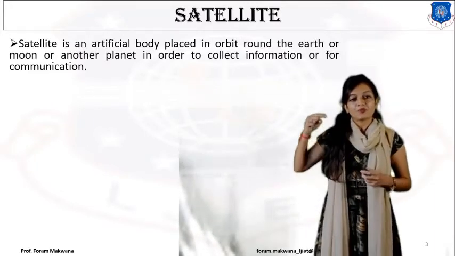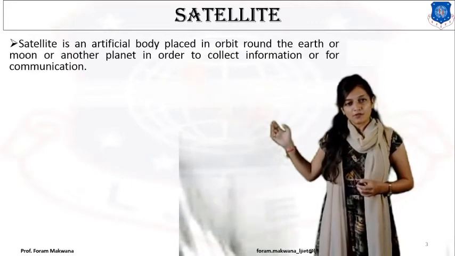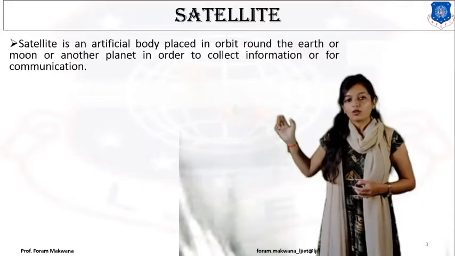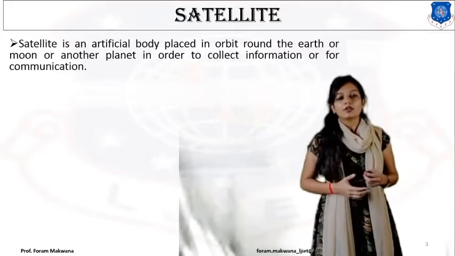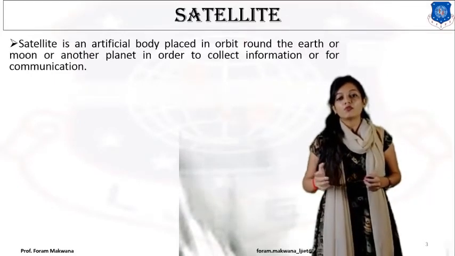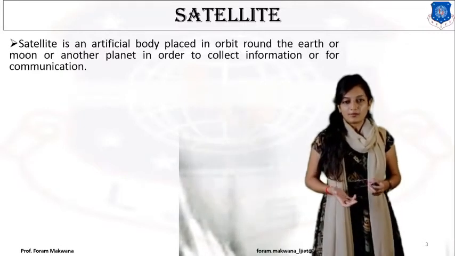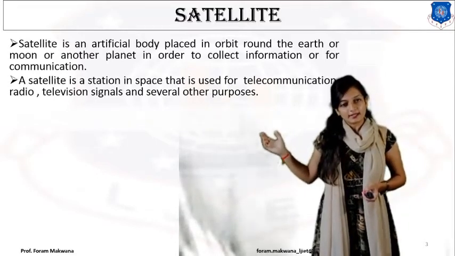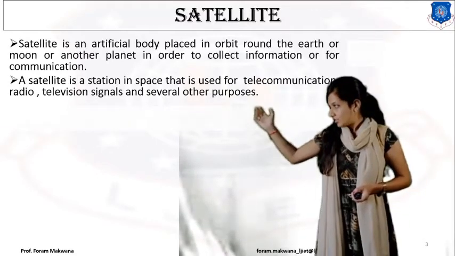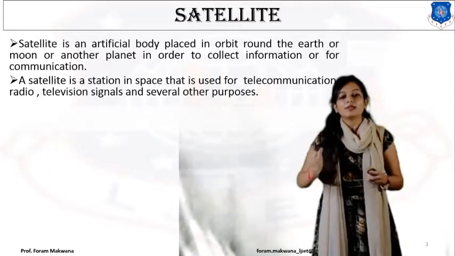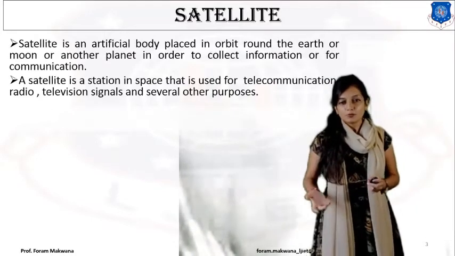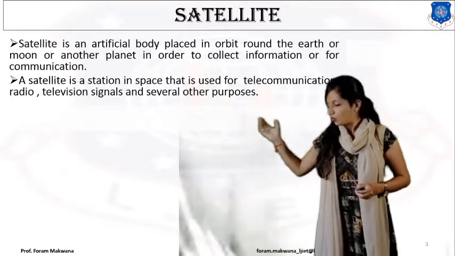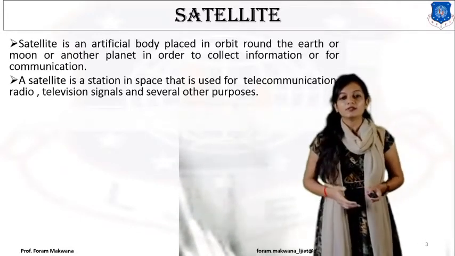So the satellite is an artificial body placed in the orbit around the earth, or we can say the moon or another planet, in order to collect information, that is, in the form of communication that we are going to establish. So a satellite technically is a station that is placed in space. It is used for telecommunication, radio, television signals and different other purposes.